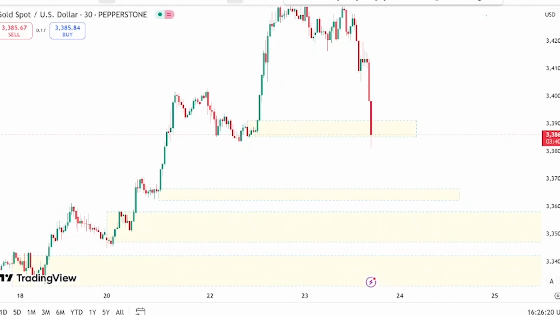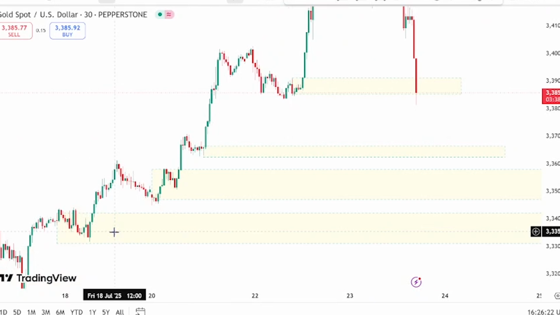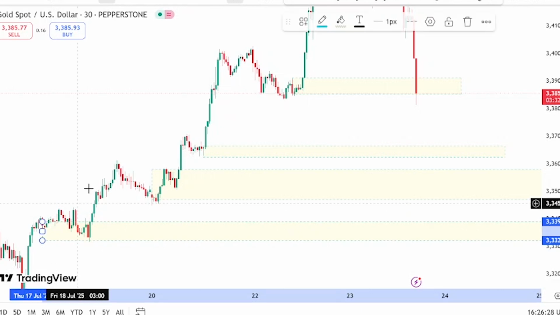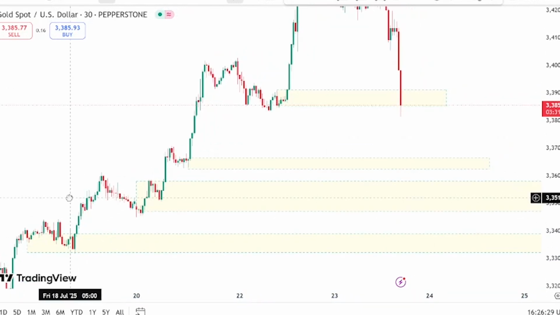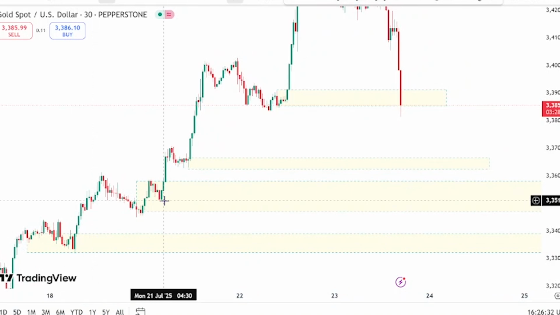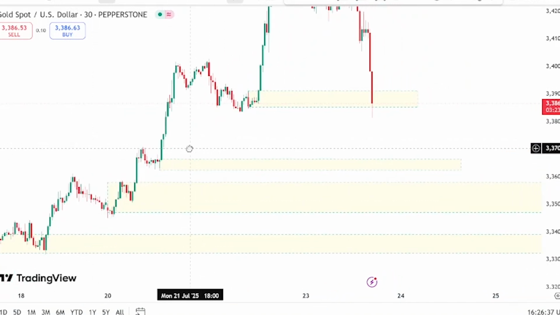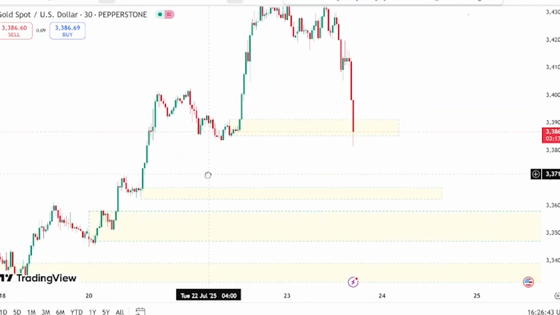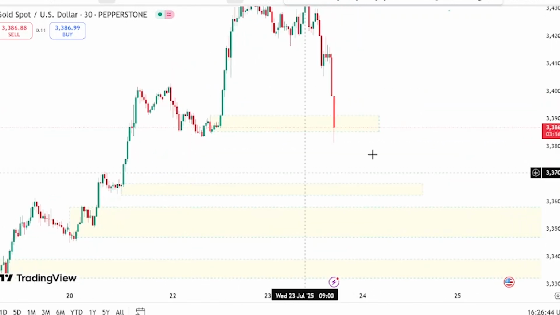So what I mean by that, from this area, that's where we are stronger if we get that opportunity to buy. This area will be stronger than this one, and this one will be stronger also than this area. So from the areas which are weak, from this one and this one, we have to make sure that we have more confirmations.